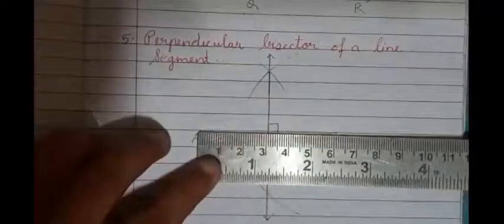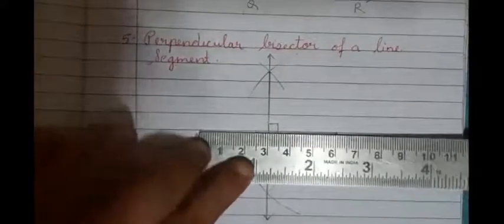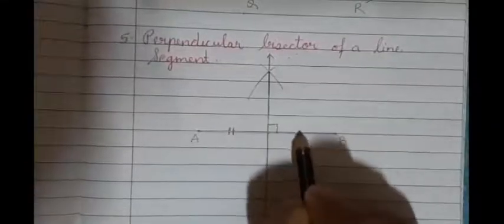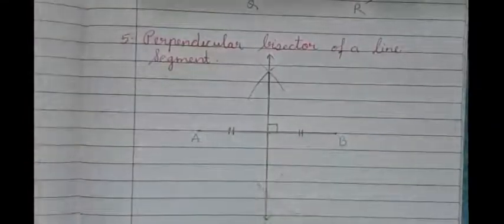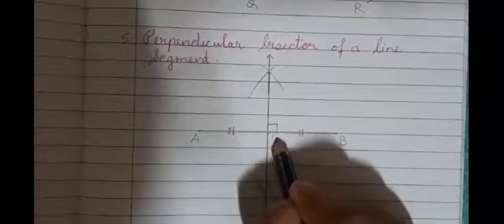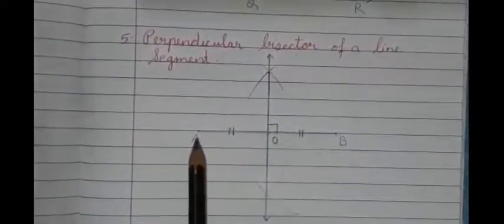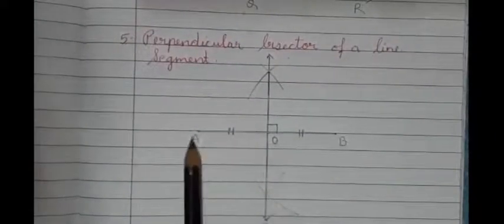You can see here this is exactly 3 centimeter. Can you see? Yes. So we can show it in this way with two lines. These two lines tell us, and we will name the center as O. So we can say that seg OA is equal to OB.